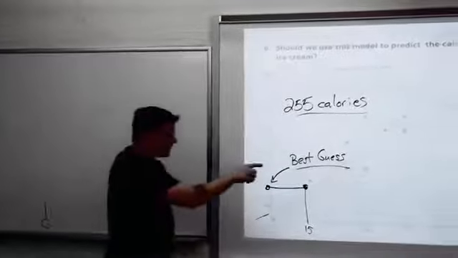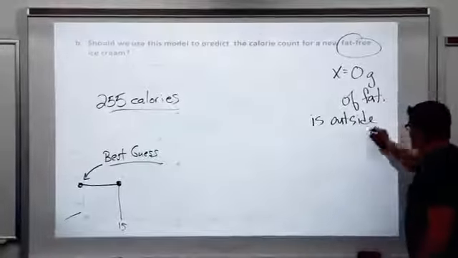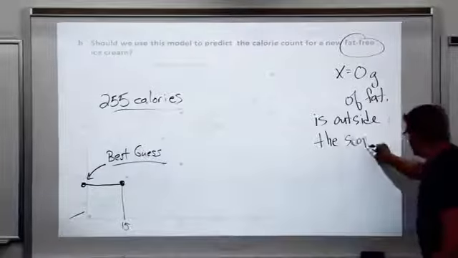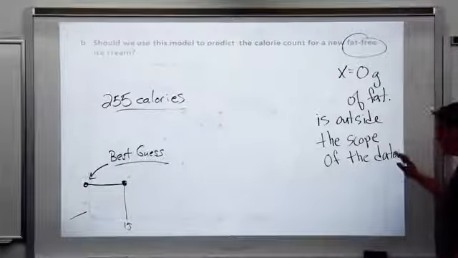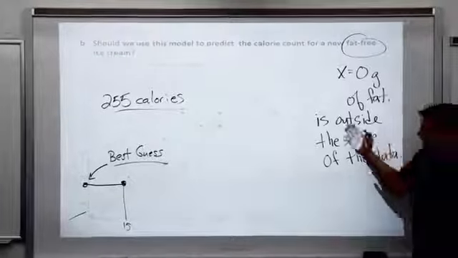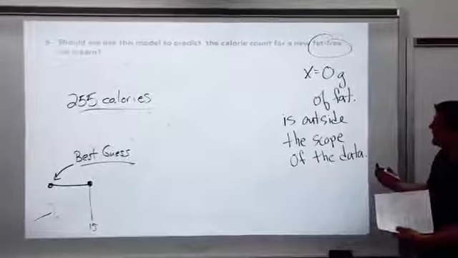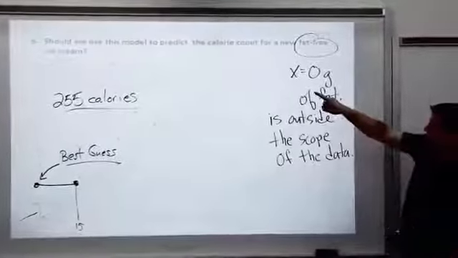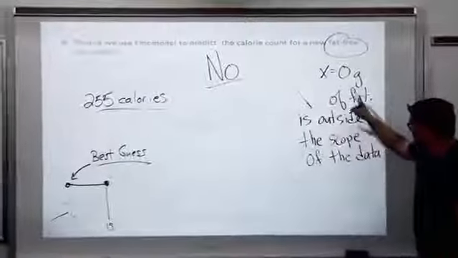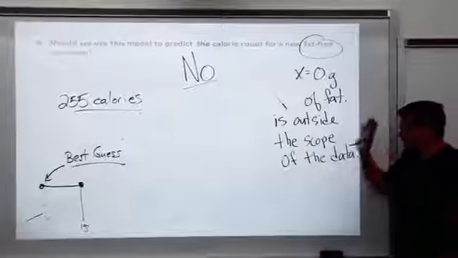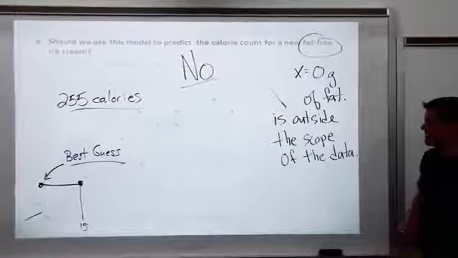X equals 0 grams of fat is outside the scope of the data. The data that we've collected is so important, and we only want to make predictions for where we have data. So should we use this model to predict calories? The answer is no. Big, fat, no. The reason is that x equals 0 is so far out of the scope of the data.